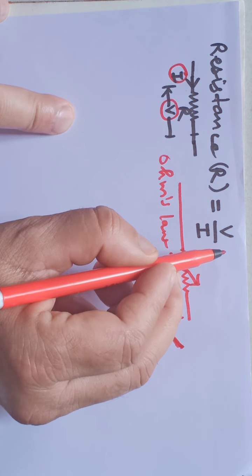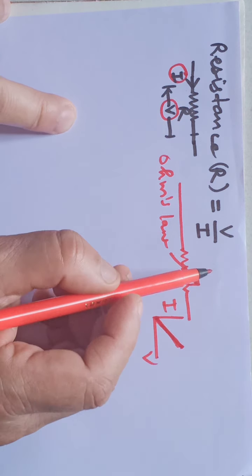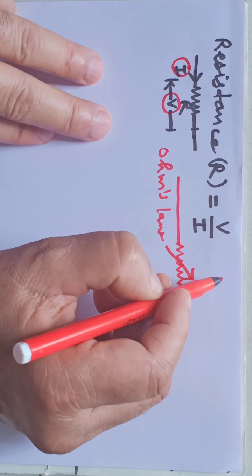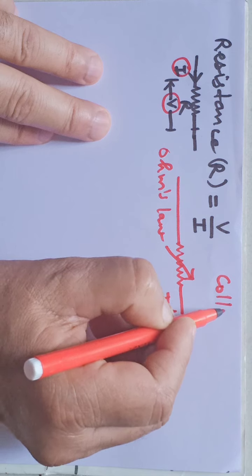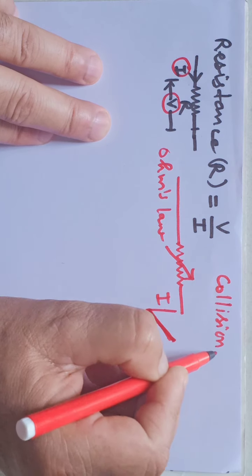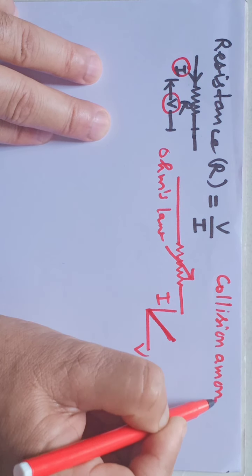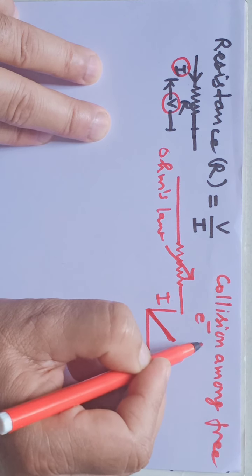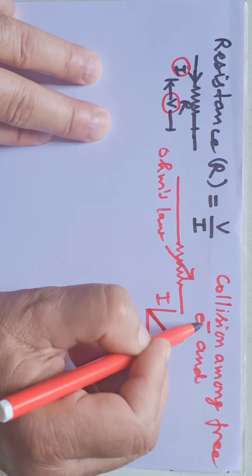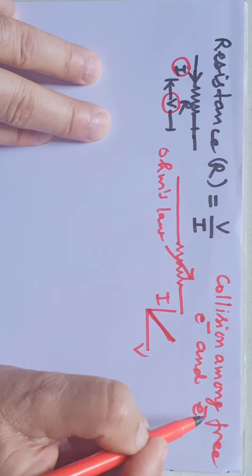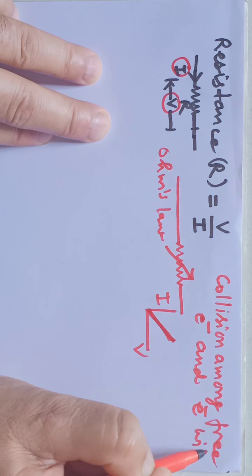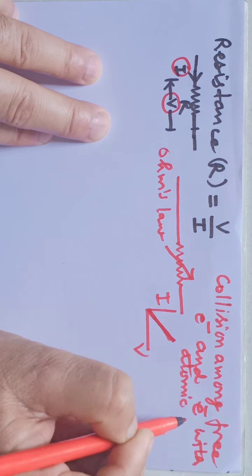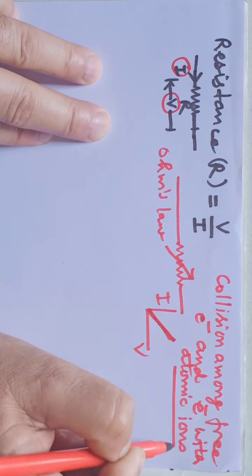Now this resistance of the conductor is due to the collision among free electrons and of free electrons with atomic ions inside the conductor.